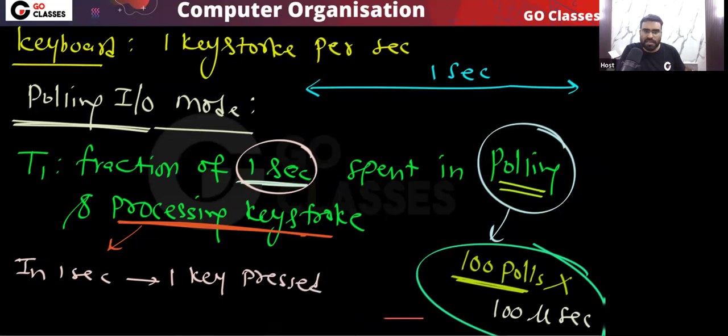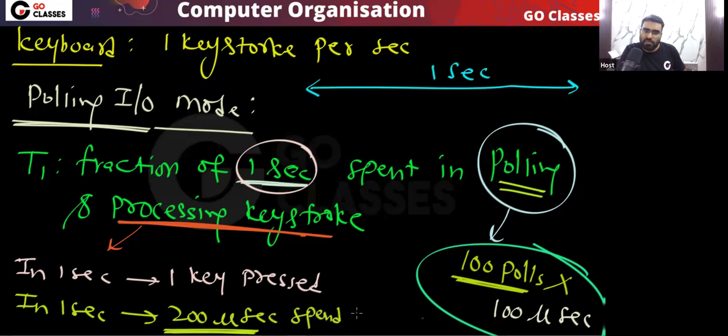In 1 second, how much time will be spent in processing? That is already given: 200 microseconds.